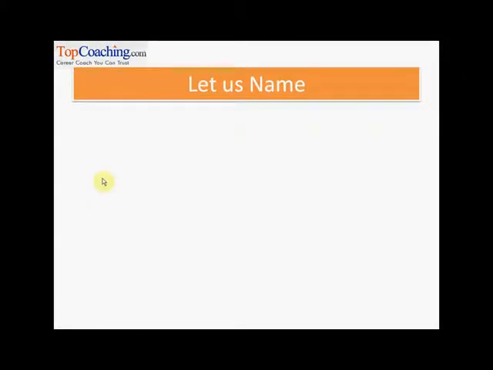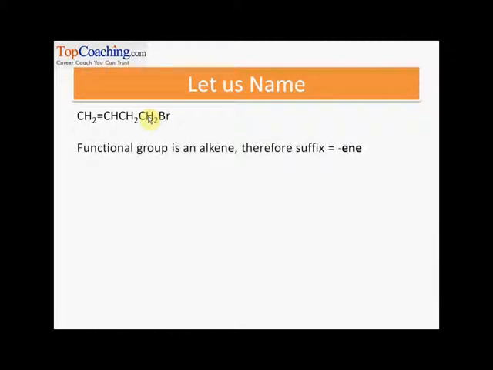Okay, let us get into actual naming of the haloalkanes. CH2=CH-CH2-CH2Br. So here, first of all, 1, 2, 3, 4 carbon atoms. So root would be but. Functional group is an alkene, and hence the suffix would be -ene.